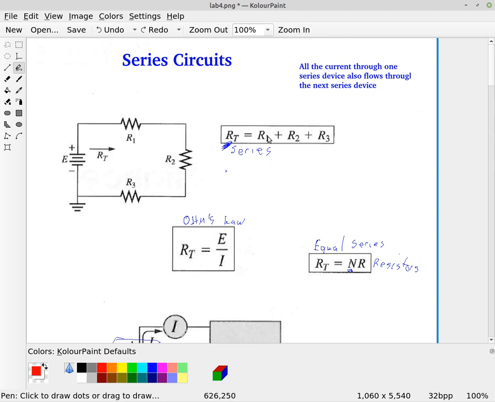And the total series resistance is simply the sum of those resistances. Right? And Ohm's law always applies, right? This is a physical law. Ohm's law is a physical law, so it always applies.